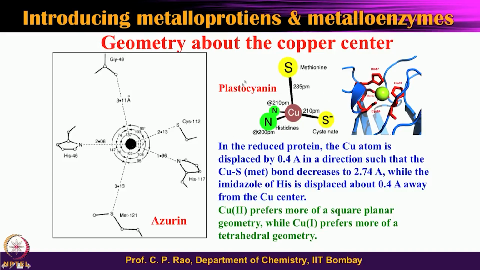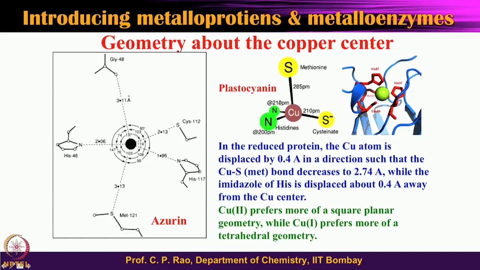In other words, during the electron transition, the reorganization of the protein is quite quick, and the reorganizational energy that is required is very minimal, so that it attains the new protein conformation compared to the old protein. That is, oxidized protein has one kind of a protein geometry around the copper, and the reduced protein has a different kind of a geometry.